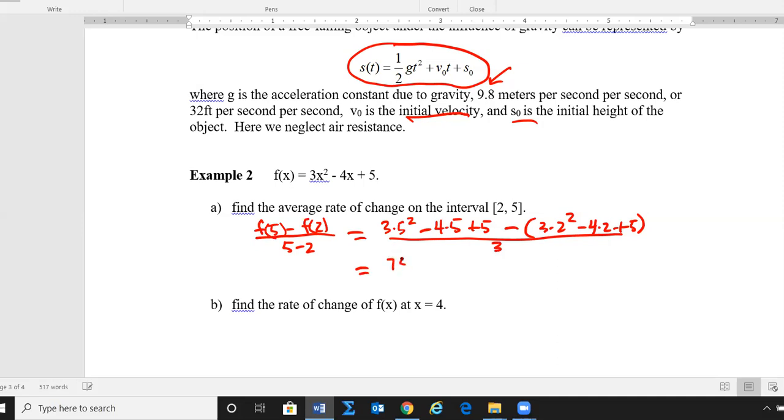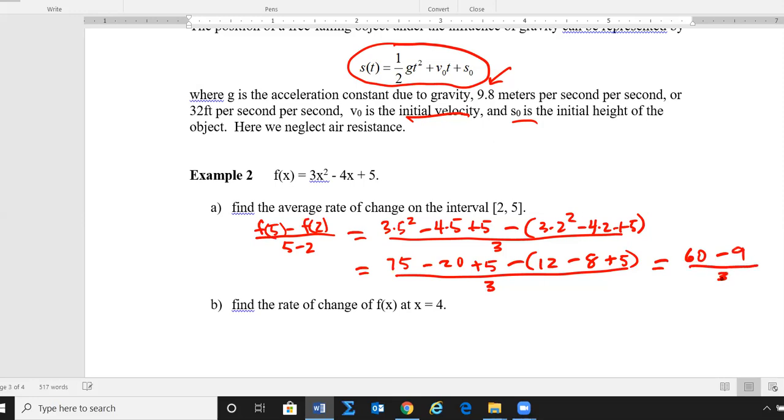So it looks like we have 75 minus 20 plus 5, minus, inside here we'll have 3 times 4 is 12, minus 8 plus 5, over 3. Let's see if we can simplify this. We'll have 80 minus 20 is 60, minus 17 minus 8 is 9, over 3.